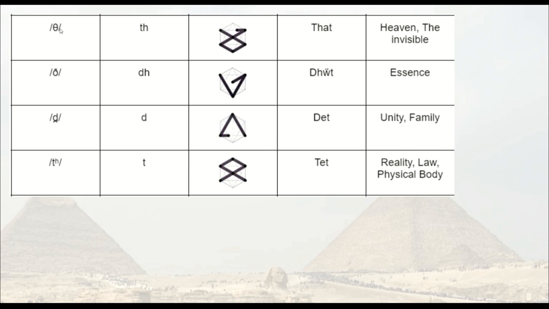Then we have th, just like in English, but be careful, there are two different ones, and it can be confusing. This means heaven or the invisible. Then there's the one which means essence. D, which means unity or family. T, which means reality, law, or the physical body.